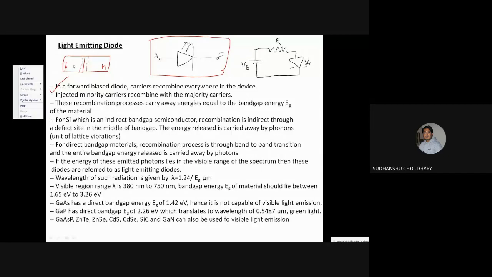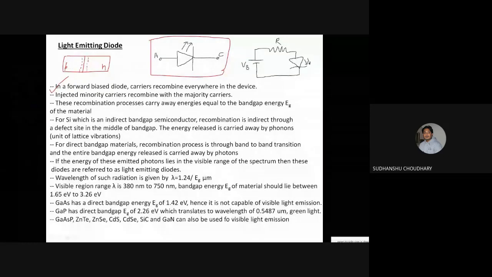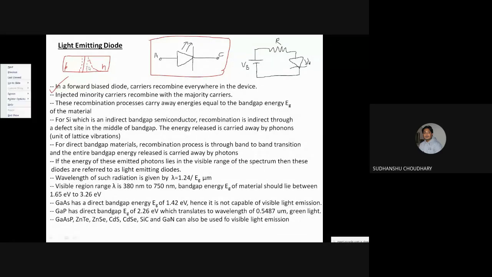So holes will diffuse, and you have minority carrier injection inside the n-type semiconductor. Similarly, electrons diffuse, which is minority carrier injection inside the p region. So we have minority carrier concentration in both the p region and the n region.